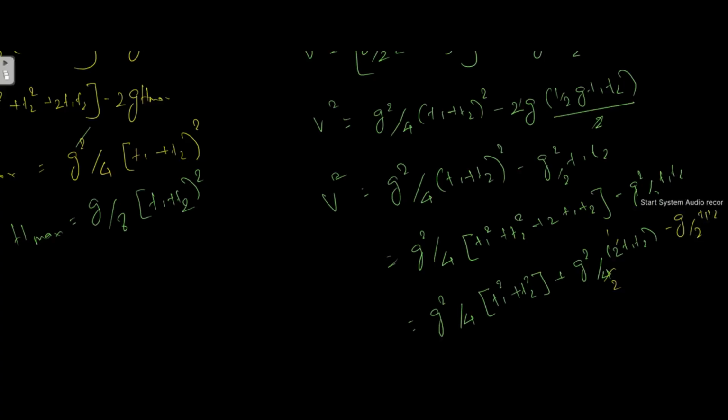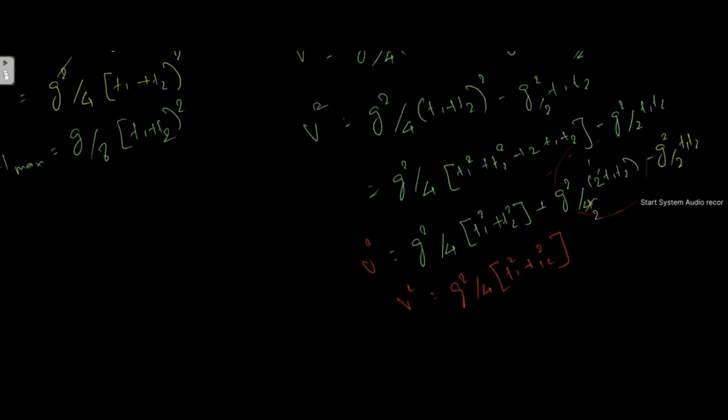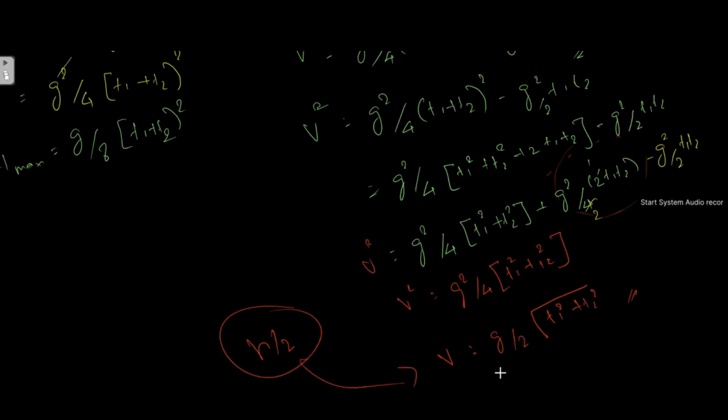This whole term and this whole term cancel each other because they are similar. Then the remaining will be g squared by 4 (t1 square plus t2 square). This will be the answer for v square. Taking the root on the other side, v equal to g by 2 under root of t1 square plus t2 square. This is the velocity at the position of h by 2.